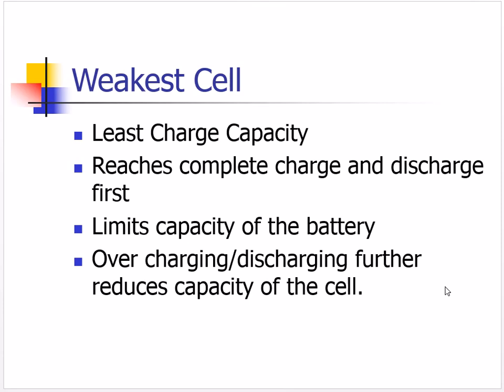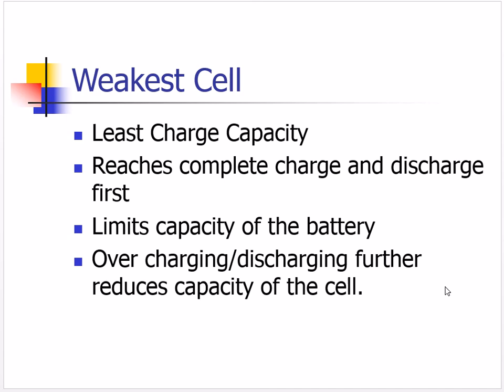There's 6 cells in a typical lead acid battery, and the cells are wired in series. 2.1 volts per cell gives you 12.6 volts when the battery is fully charged in a normal battery. One of those cells will be the weakest, and they're all wired in series, so whichever one is the weakest, it will get close to discharged first.